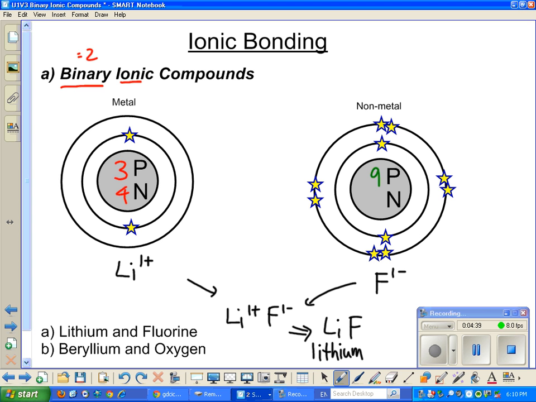So in this case we're not dealing with just fluorine by itself. It's bonded through electrostatic charges with lithium, and we're going to call it fluoride, because again, we're dealing with F1-, not just F. And this is how we come up with chemical formulas and their corresponding ionic names. Let's look at another example.